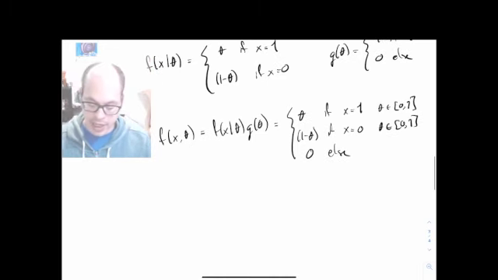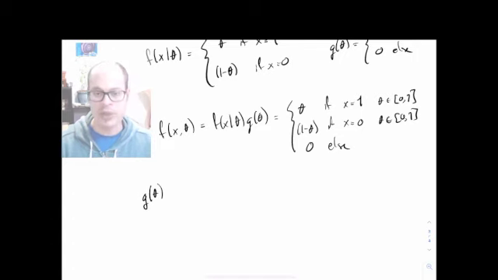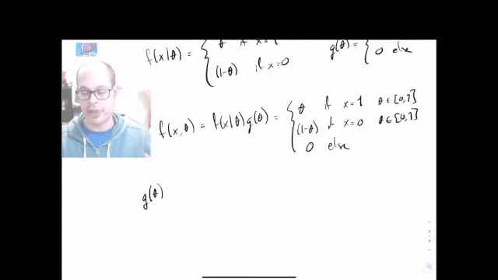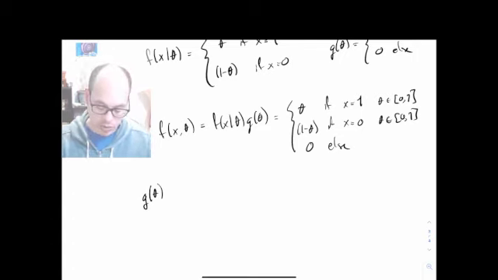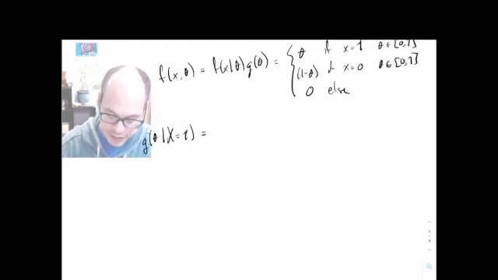Okay. And so now we can talk about our conditional probability. So for example, what do we know about our distribution if we flip our coin and measure a 1? We're going to write this as g of theta given that x is equal to 1. So how do we work out this conditional density function for theta?